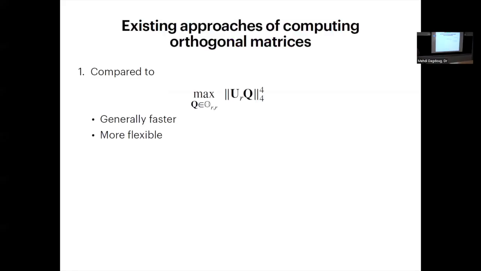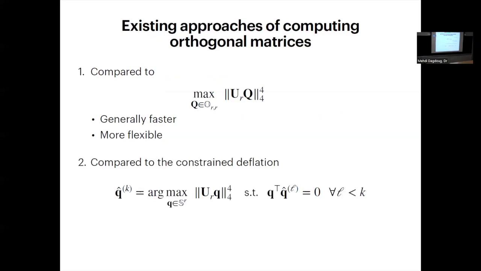I want to briefly mention the existing approach for solving this problem because apparently in our audience there are some people interested in this. Why do we not try to solve this problem all together? What is the advantage of our deflation procedure compared to this?